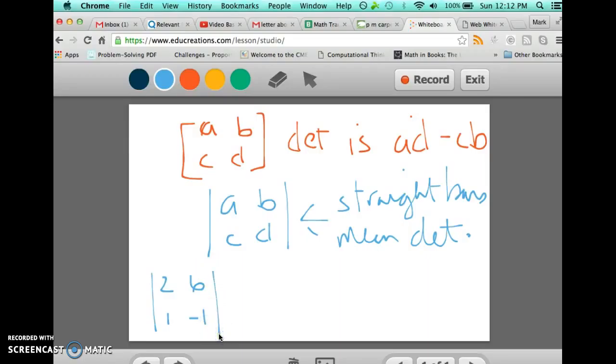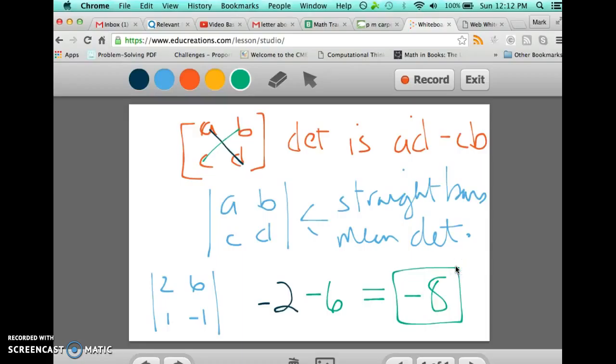Remember it's like a diagonal, so that's our first product. AD is negative 2, minus BC, which is 6, equals negative 8, and that's the determinant.